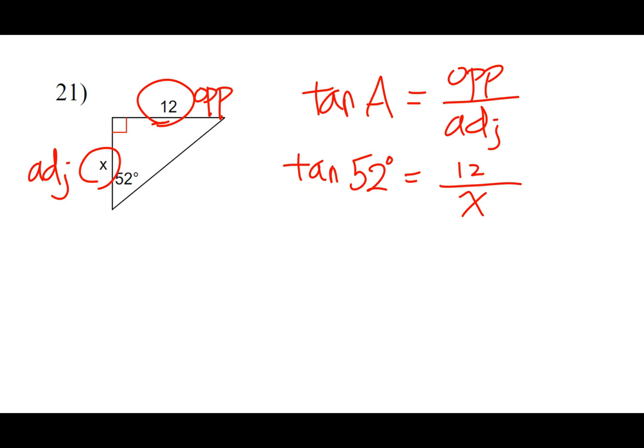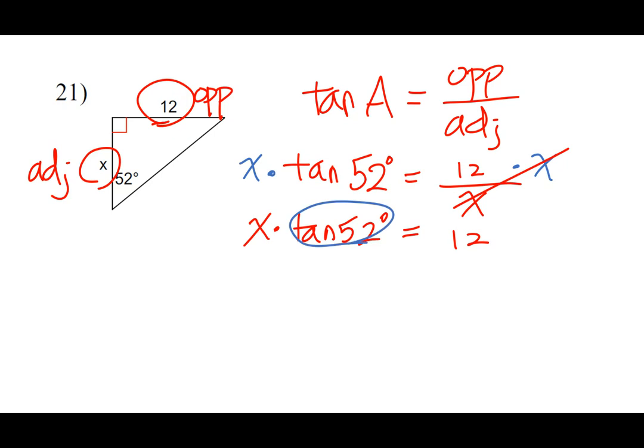So again, get rid of the fraction, multiply by x, and you're going to get x canceling out. x times tangent 52 is 12. I want to solve for the x, so you need to get rid of tangent of 52. So we need to divide. So x is equal to 12 divided by tangent 52.